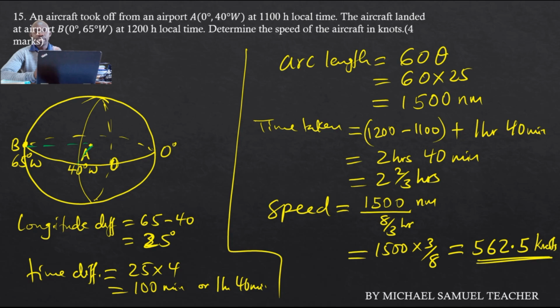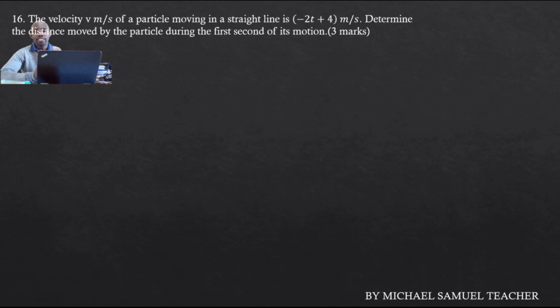Lastly, question 16, which is the last question in section 1, is a question on the velocity v meters per second of a particle moving in a straight line, which is minus 2t plus 4 meters per second. Determine the distance moved by the particle during the first second of its motion.